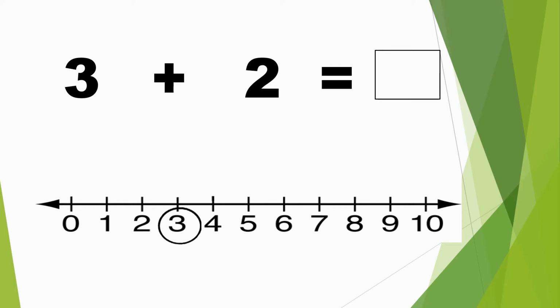We need to hop a 2 unit gap. So I will hop 2 units. 1 unit, 2 units. So this is how I can hop 2 units. Remember, hopping 1 unit means going to the next number. So the first unit brings me to 4 and the second unit brings me to 5.